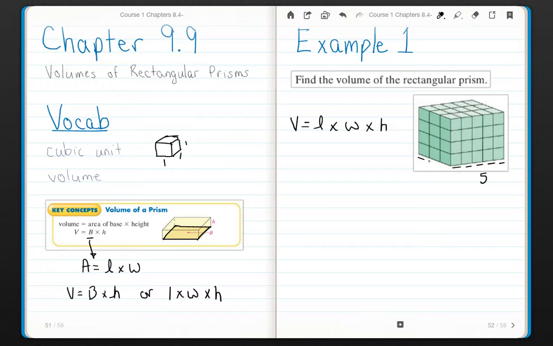I have 1, 2, 3 this direction, and I have 1, 2, 3, 4 as my height. So I'm going to multiply 5 times 3 times 4. 5 times 3 is 15, times 4 equals 60. So the volume of this particular rectangular prism is 60 cubic units.